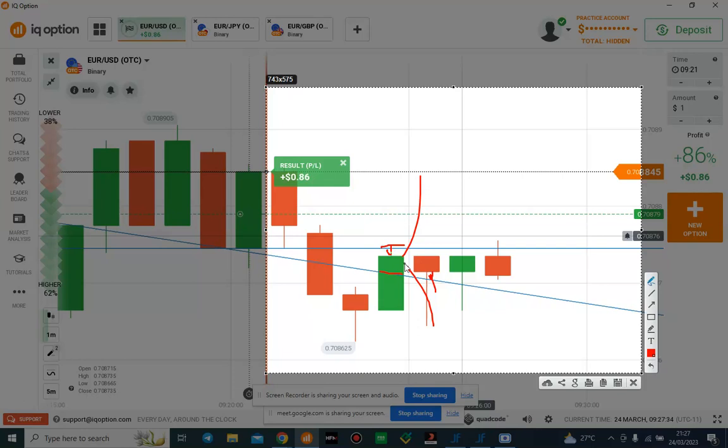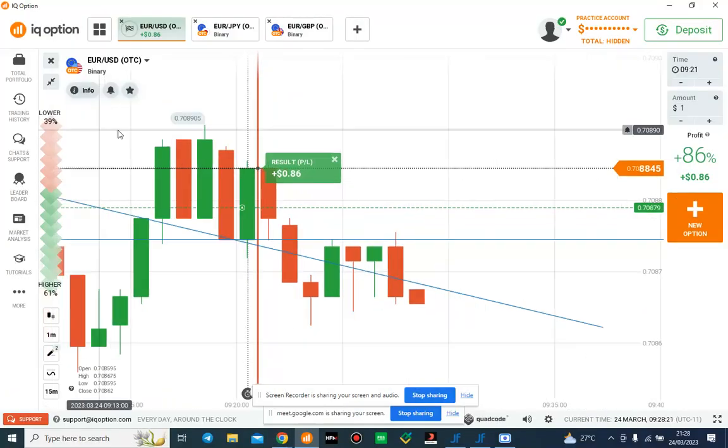So if this one rejects from sellers, it means sellers will enter because this trend line became a support, and now it's a resistance. This one support, this one support. Then this here again, and this trend line, this one's supposed to be support, because if you trace it to the right side, it is a resistance.